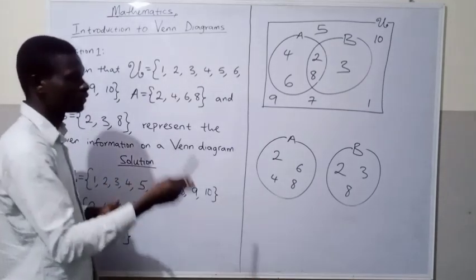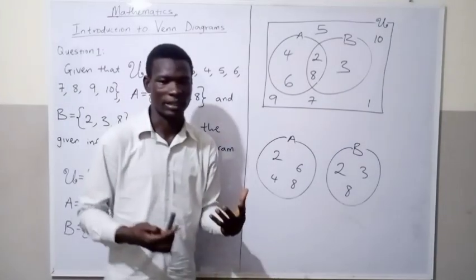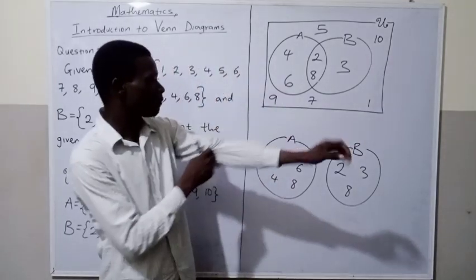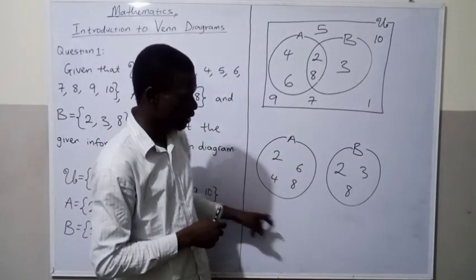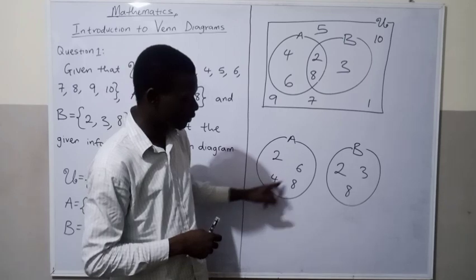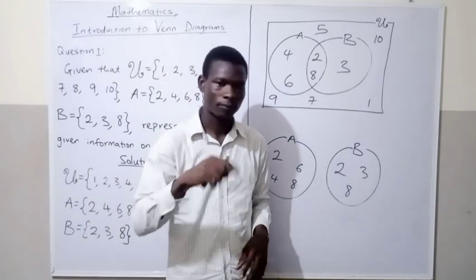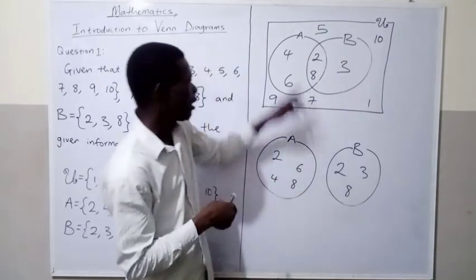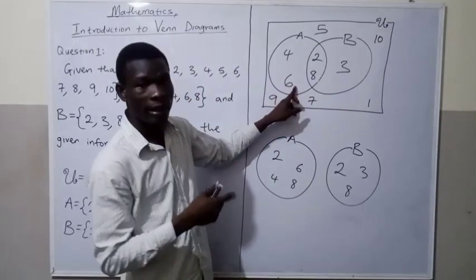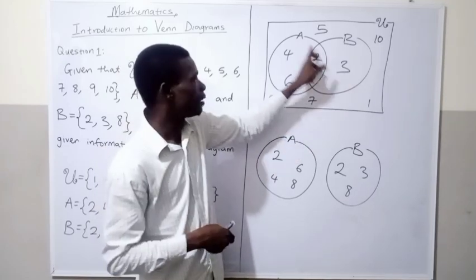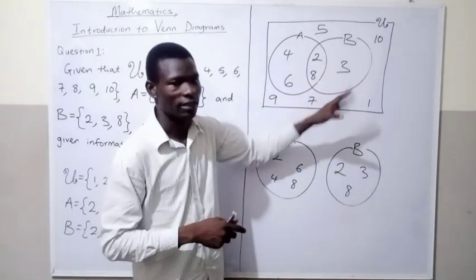So let me use the normal, everyday, common English they use in this. All the elements in A are 2, 4, 6, and 8. But elements in A only are 4 and 6. A only means that they are in A, but they are not in B. In A, but not in B. That's A only.